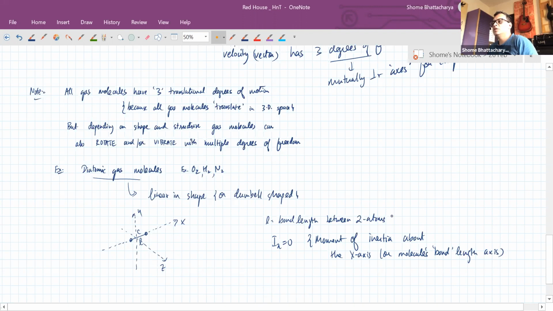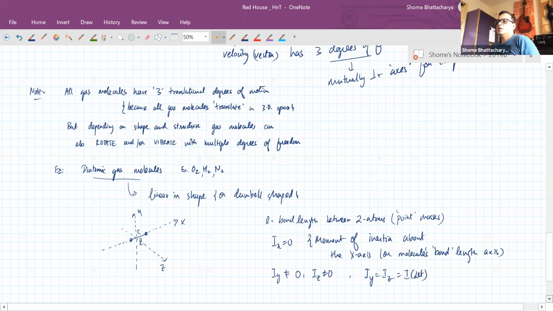The atoms are treated like point masses or particles, but the moment of inertia about the y-axis is non-zero. Moment of inertia about the z-axis is non-zero. In fact, Iy will be equal to Iz.